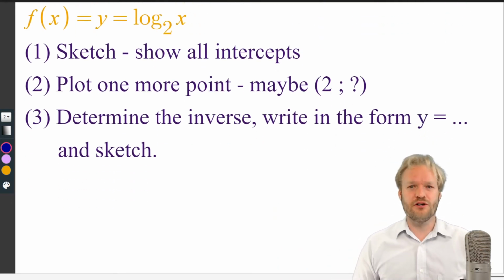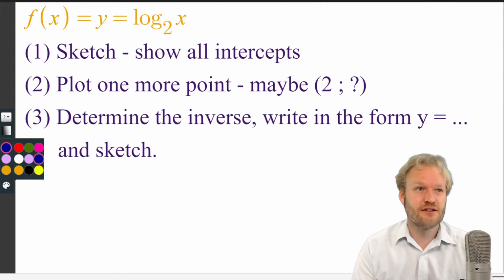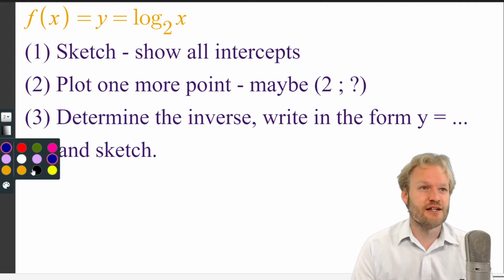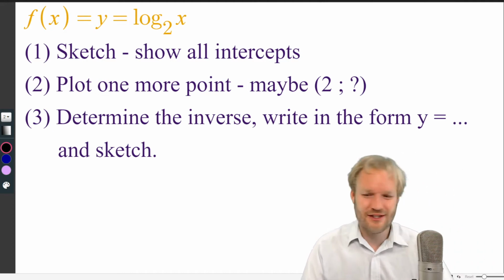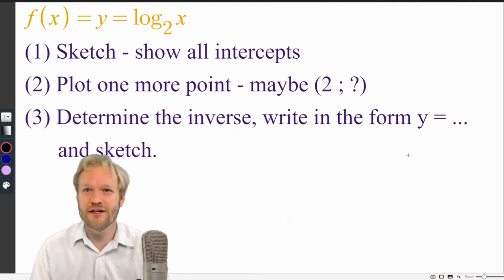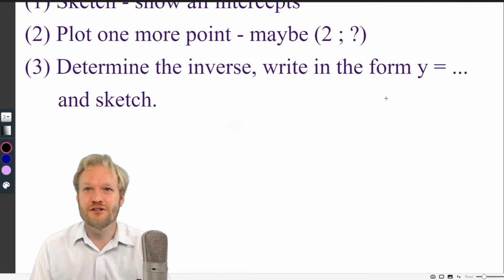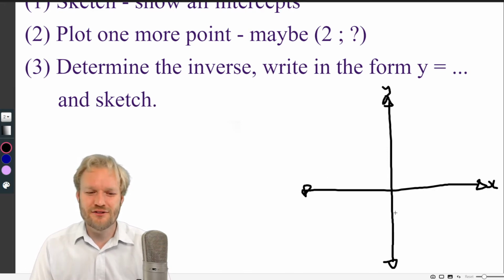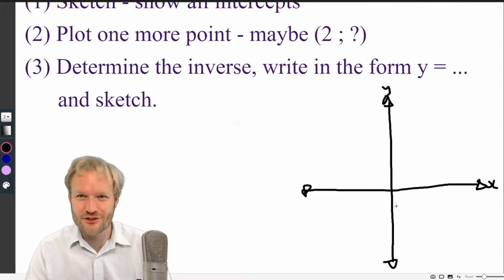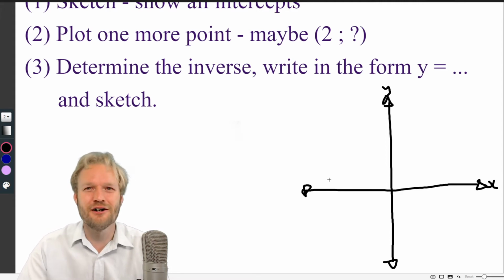y equals log base 2 of x. Let's get ourselves a Cartesian plane. Always need a lovely Cartesian plane. X and y. You've drawn a few of these Cartesian planes by now, and you must be hitting pause because I just scribble mine down quickly, and you probably got your ruler out.